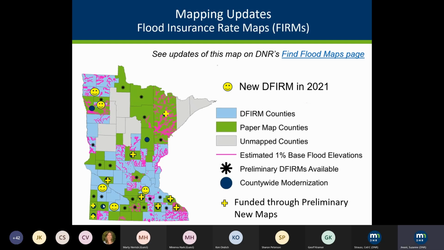We just haven't gotten it finalized enough to put on our website, but it's very possible that it's finalized enough to provide to you. So please contact us if you're in any of these areas with blue dots or the yellow X's.